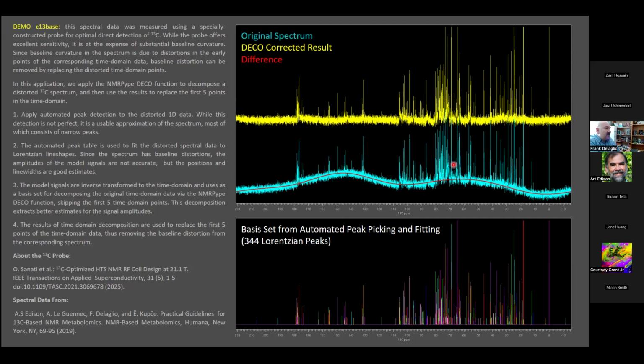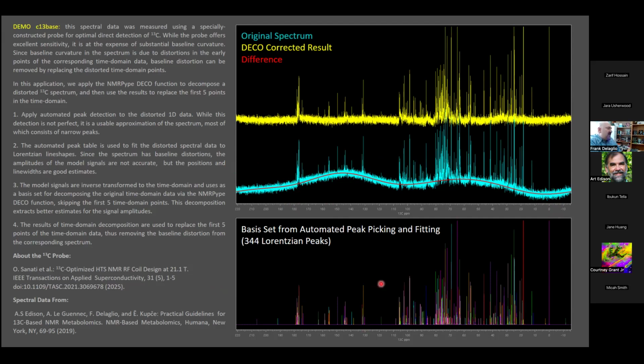We can take a curvy spectrum like this one and do simple peak detection as a way to generate a very rough basis set of all the peaks that we can see here. And once we have a list of all of these frequencies, we can decompose this spectrum as a linear combination of all of these.